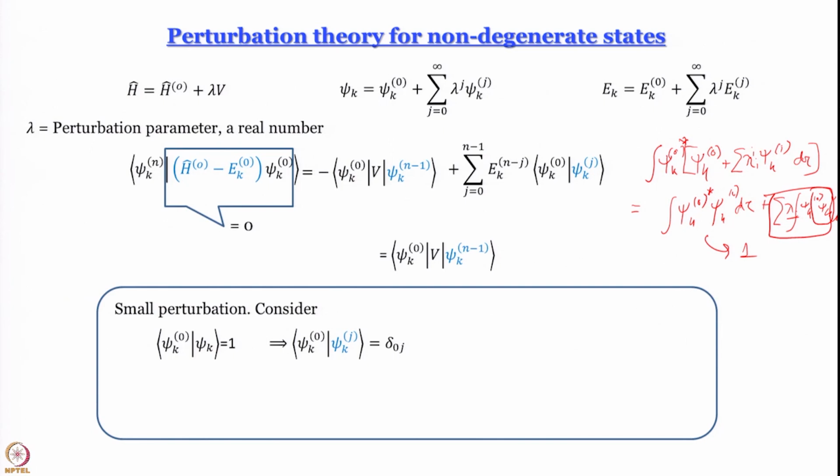So, how does that help our cause? What are we trying to find out? We are trying to evaluate this summation. In this summation we have integral psi k 0th psi k jth. We are saying here that that integral turns out to be Kronecker delta, delta 0j. That is great, because in that case in this summation only one term will survive, the term for which j is equal to 0, everything else is going to vanish.